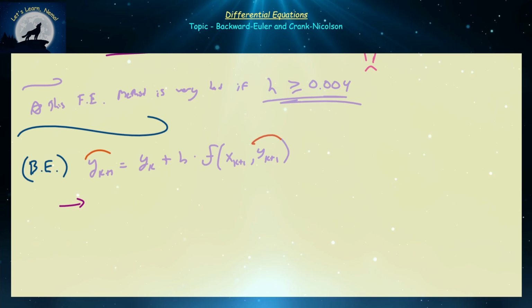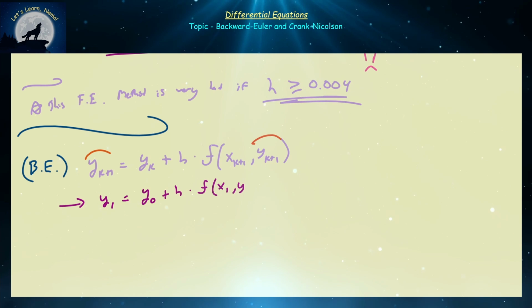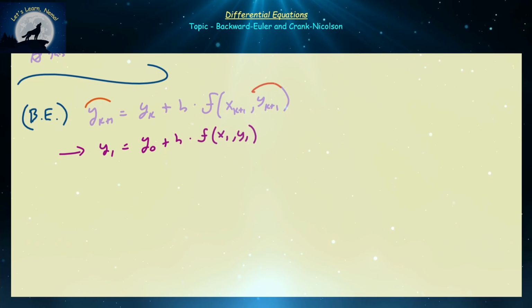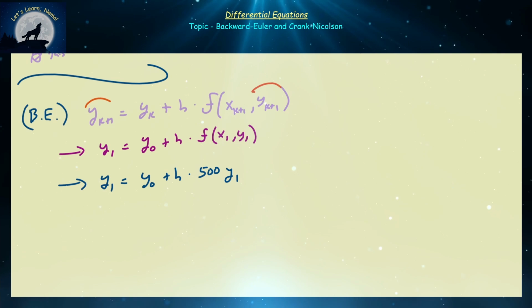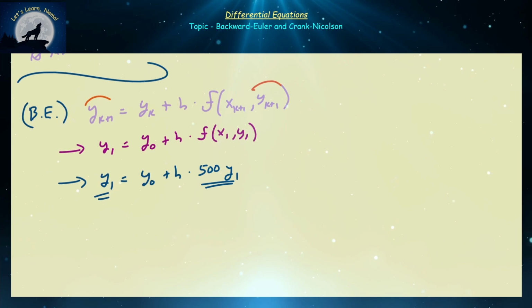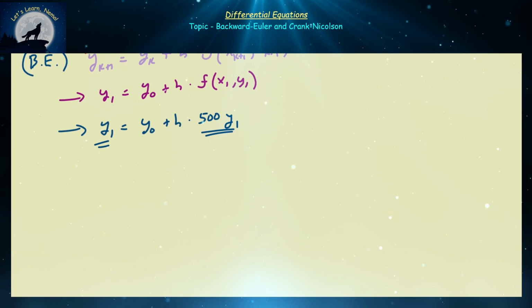For our general case, what would y1 be? y1 would be equal to y0 plus h times f of x1, y1. Using our particular example, y1 will be equal to y0 plus h times 500 of y1. So let's actually solve this equation for y1 because it's pretty easy to solve in this particular case.